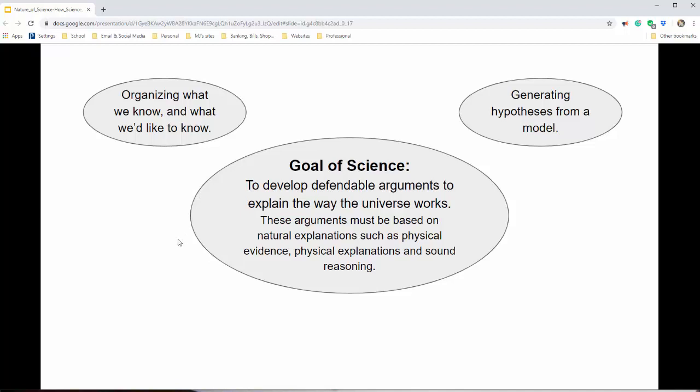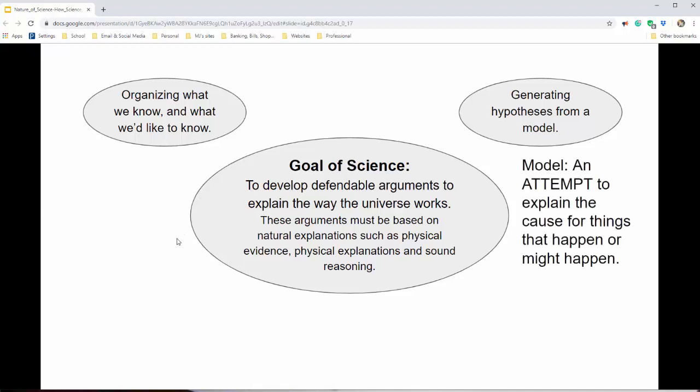It goes to that statement we talked about earlier, cause. What would cause something to happen? Now, I use that very specifically, and models are really broader than that, but I use the word cause as the specific element that needs to be part of your model. If you're writing a model for me in the chemistry science, you need to write a statement for why or how things happen.